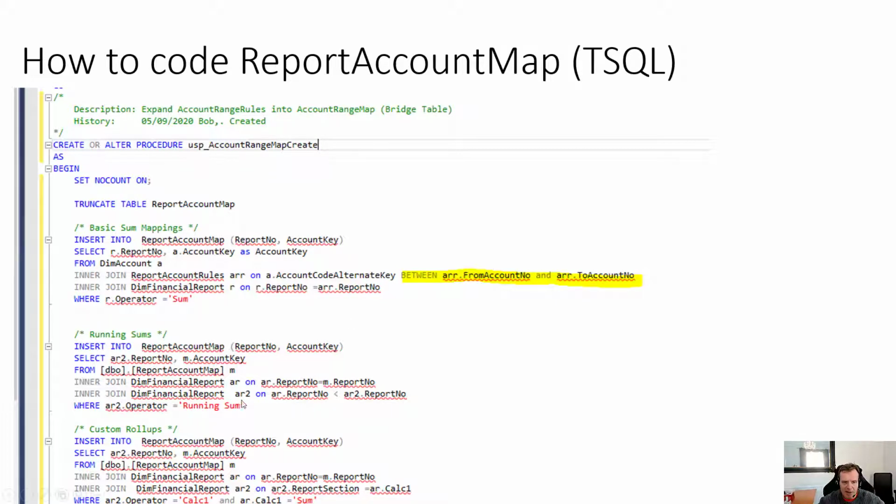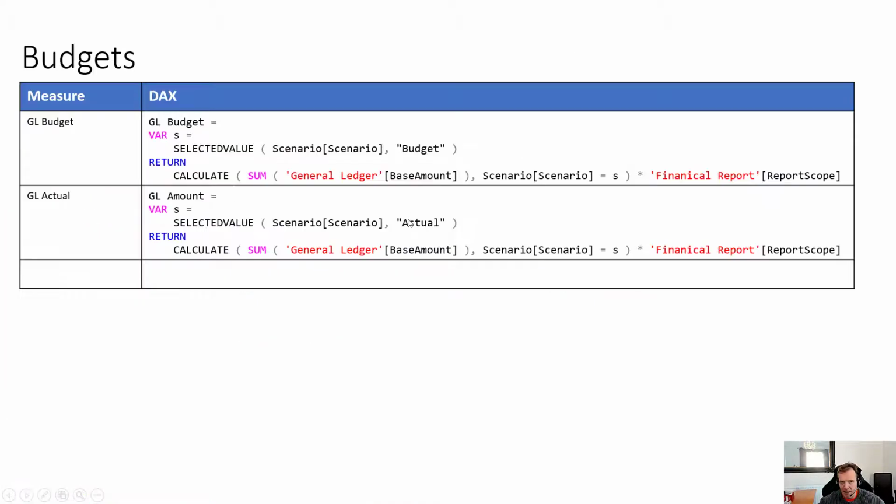And then a running sum is the same thing, but I'm joining the report back on itself to find all rows that were before the report number that I'm on. So the T-SQL code is a lot faster and easier than the M code. But if you don't have a data warehouse, you wouldn't implement a data warehouse just for that minor piece of functionality.